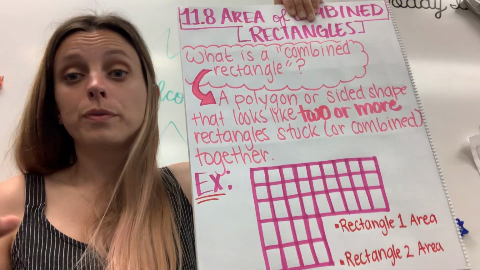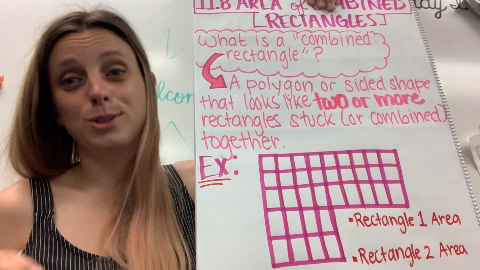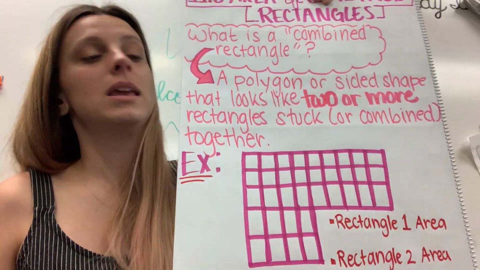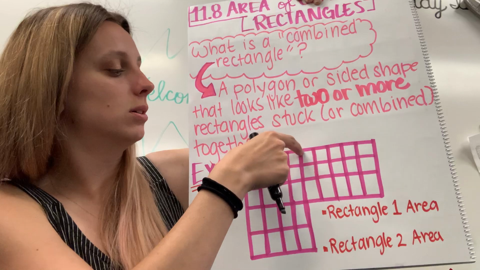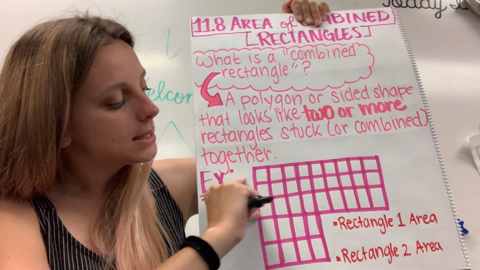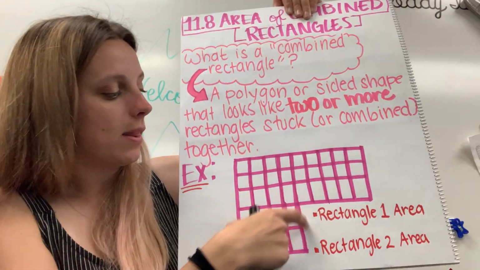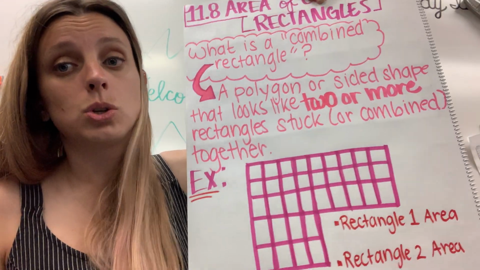So the first step is to go ahead and cut apart these two rectangles or uncombine them. Now, like I said, there's two different ways maybe you could do this. Maybe you see this rectangle as being a main one, and then this is kind of the side one, or maybe you see this as being the main one and this one's kind of stuck on. It doesn't matter how you want to separate these two rectangles.